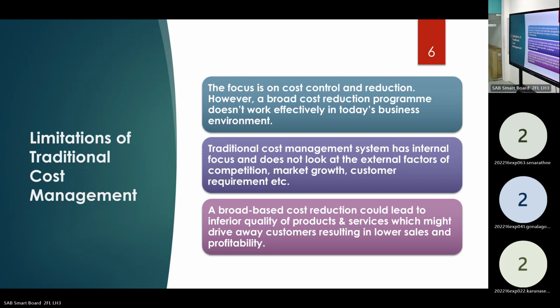So external factors, especially competition, market growth and customer requirement, need to be taken into consideration. Then the broad-based cost reduction leads to inferior quality of the product and service, which might drive away customers, resulting in lower sales and profitability. So that is obvious, right?